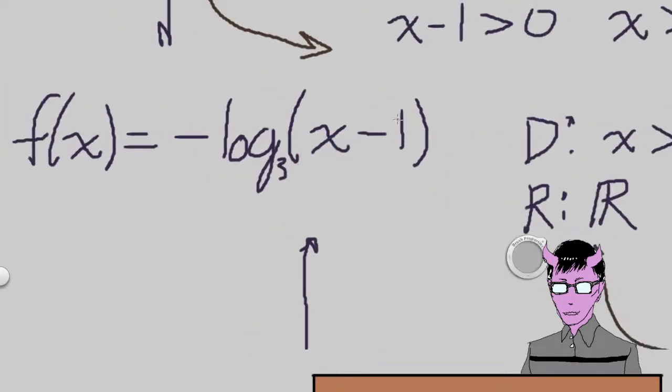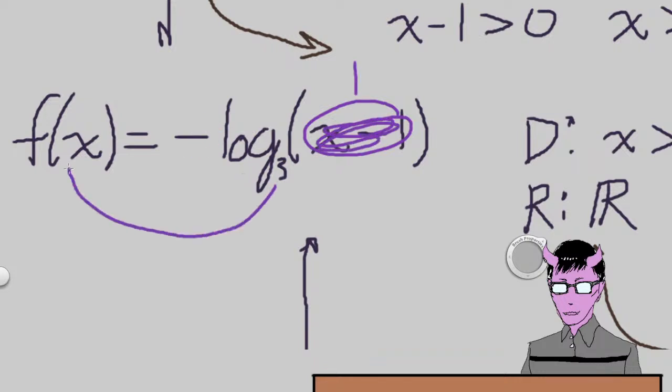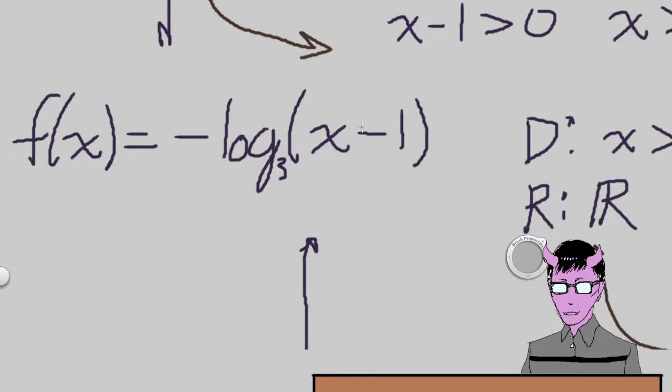So again, we want the entire inside here to be 1. But this is a negative, and that's okay, because 3 to the power of 0 is going to give us what situation, right? So that's what we're considering. How do we force this entire thing to be 1?